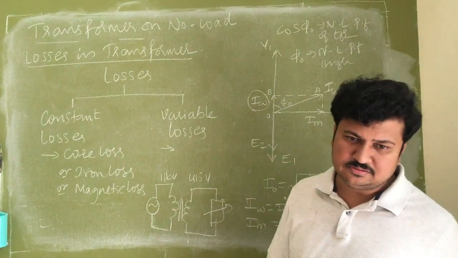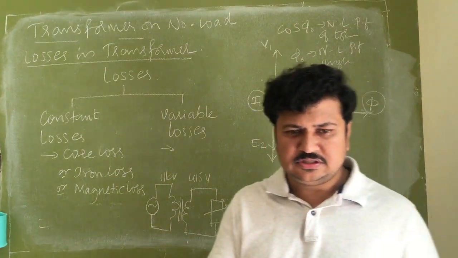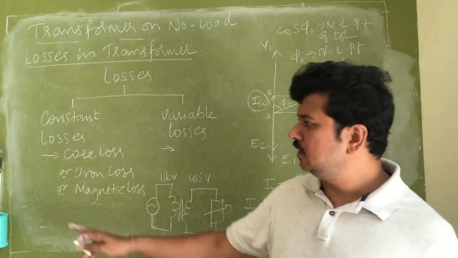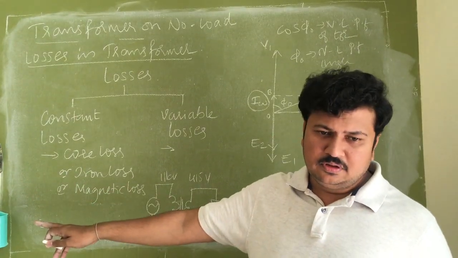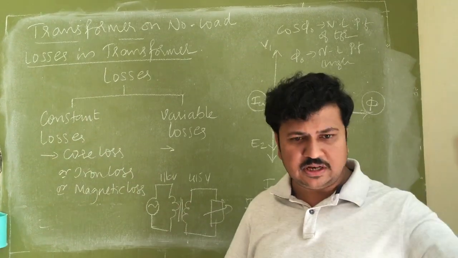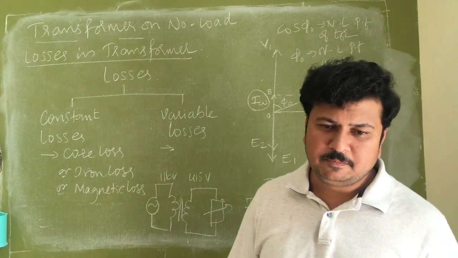I cannot predict. So when the load changes, the secondary current in the transformer changes. Even if I turn on this one lamp, the transformer that is feeding this room or this house or this lane will change its secondary current.